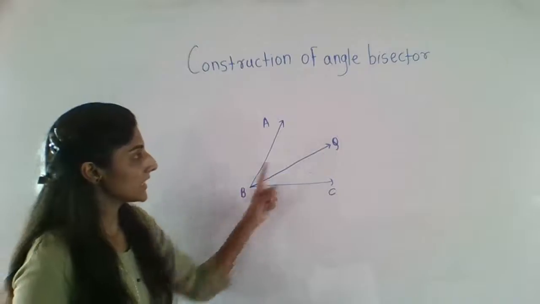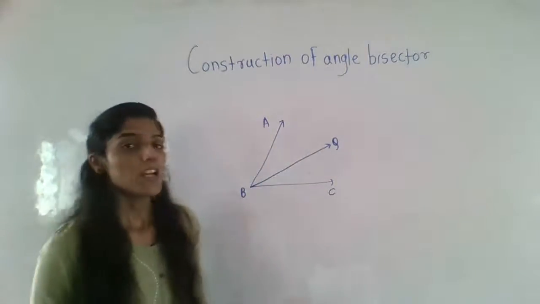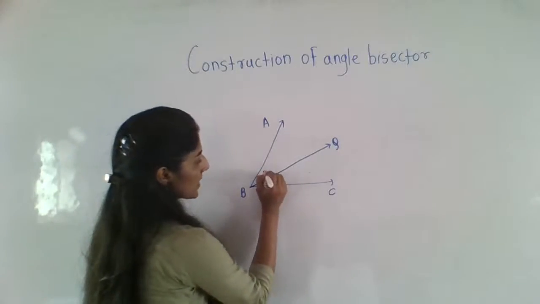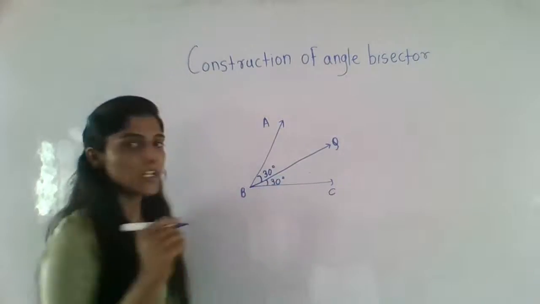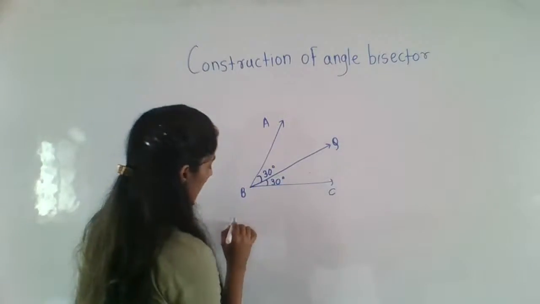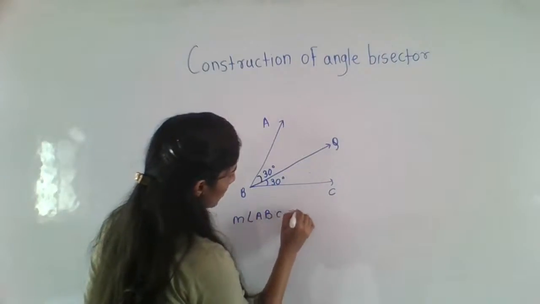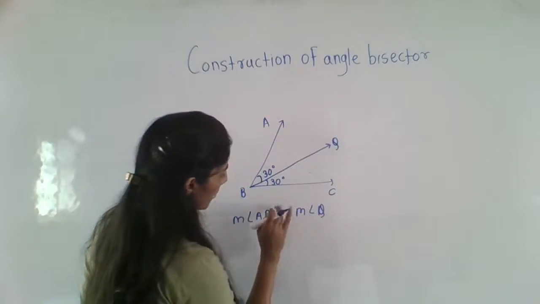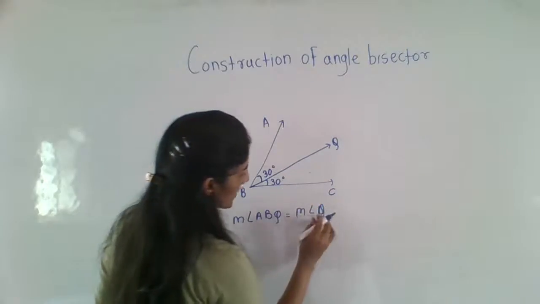Then when the ray BQ divides the angle ABC into equal parts, each angle is of measure 30 degrees, and this is also of measure 30 degrees. You can say that the measure of angle ABQ is equal to the measure of angle QBC.